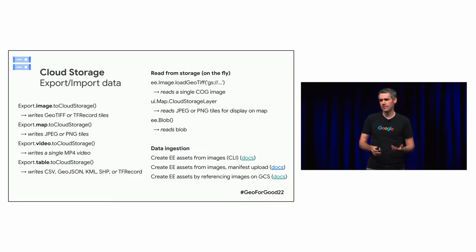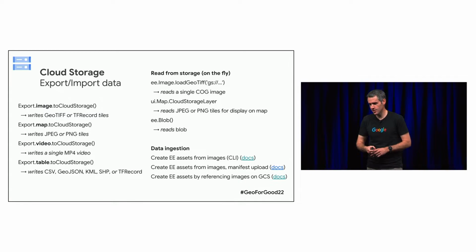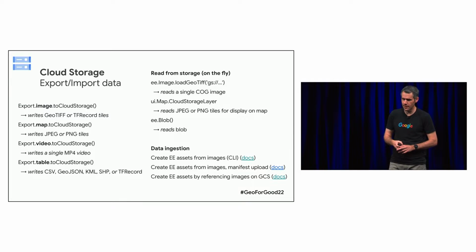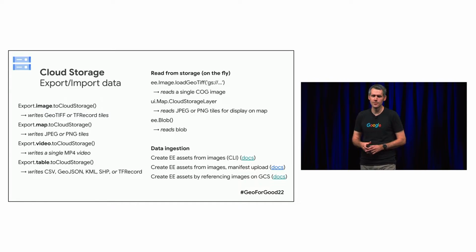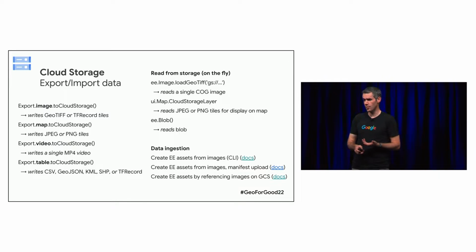I'm not going to go into detail here, but we have many operations within Earth Engine that can export data to cloud storage or import data from cloud storage. The documentation links are on the slide deck, so feel free to click on those and read about it. You might ask, why would I want to export data to cloud storage? I can just export it to Google Drive.